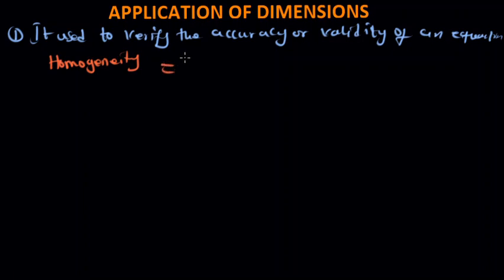And it says that the dimension of the equation at the left hand side should be equal to the dimension of the equation at the right hand side, RHS. So this is what this rule says. So if that is true, then whatever equation we have, we can use dimension to verify that whatever we have at the left side is the same as whatever we have at the right side.